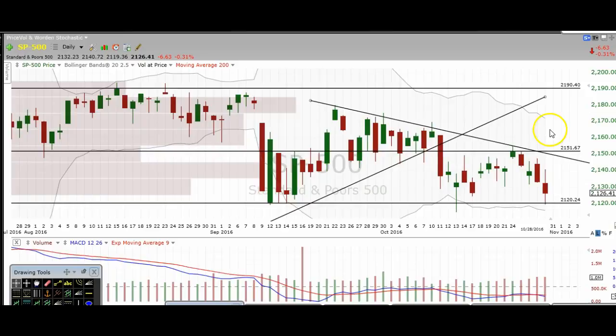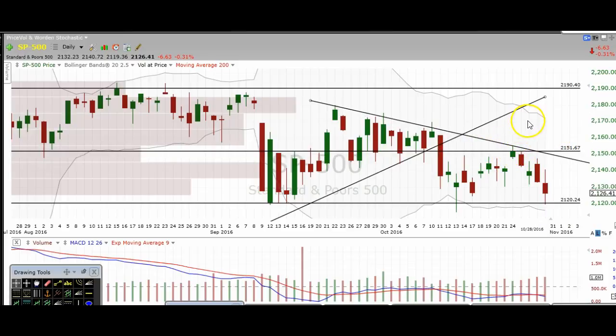And bulls, if you're looking for upside in the market, you want to see this 2151 mark break. Okay, 2151, 2152. If that level breaks, we'll be over the downtrend line and over these highs as well.